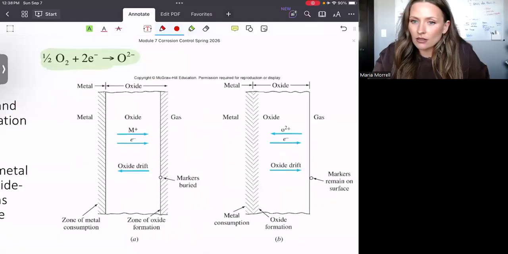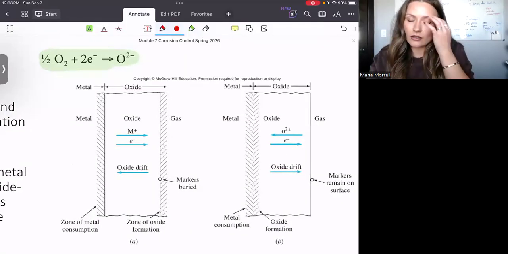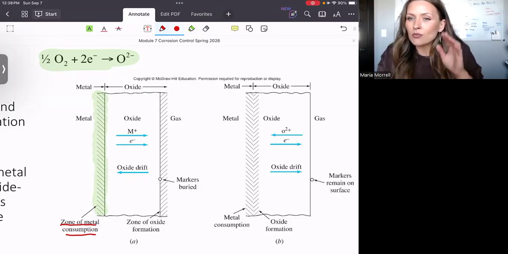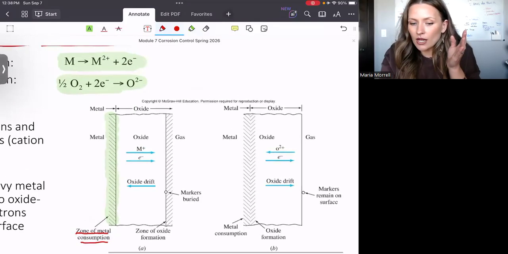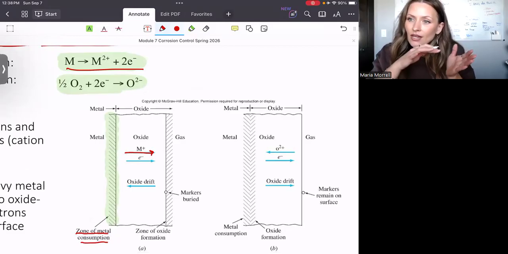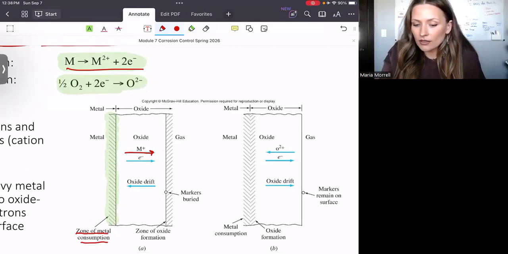Let's look at this diagram on the left-hand side, right? So this is where the dissolution of metal occurs, or in other words, we can call it the zone of metal consumption, right? Meaning that following this reaction on top, we have these metallic cations that are produced and then they diffuse toward the outer surface, right?